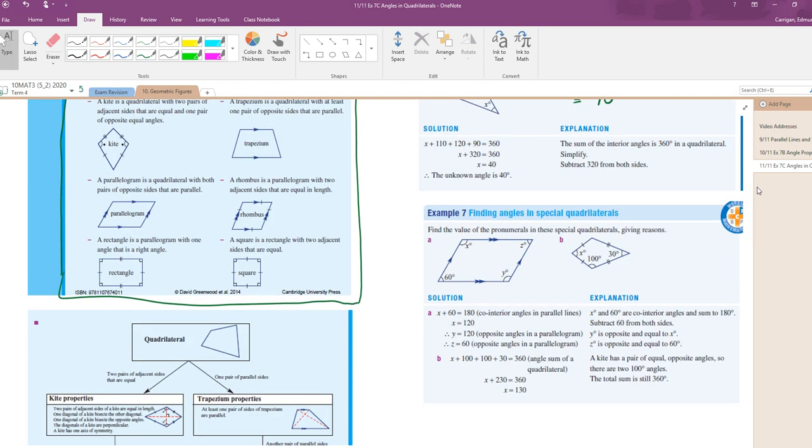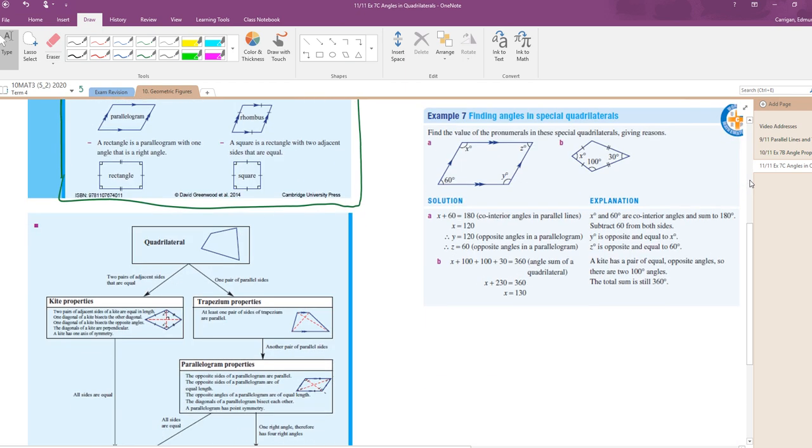All right, looking at our next one, it says finding angles in special quadrilaterals. Again, you can use your properties over there, or we can simply use our knowledge to see that these are co-interior angles.